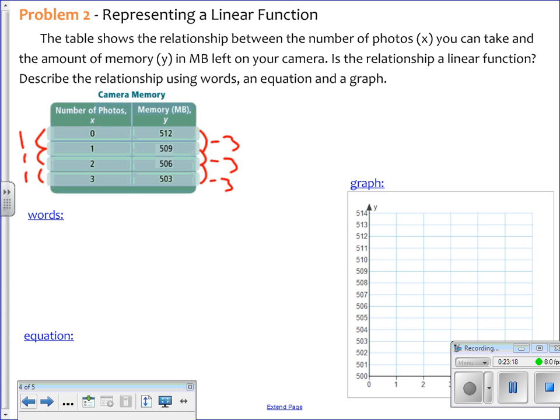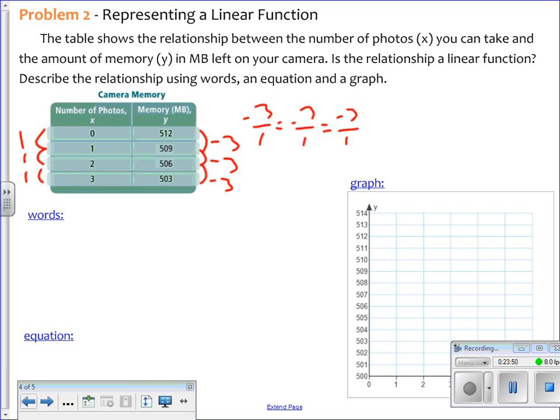So I take -3 divided by 1, -3 divided by 1, and the next pair, -3 divided by 1, and the last one, -3 divided by 1. I get the same number each time, right? So if they're not 1, 1, 1, 1, or 2, 2, 2, 2, you can still do the same thing by taking each number on the y, dividing it by the one on the x every single time. If you do that, you get the same number. It is still a linear function.